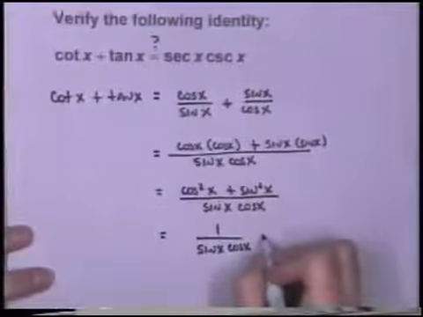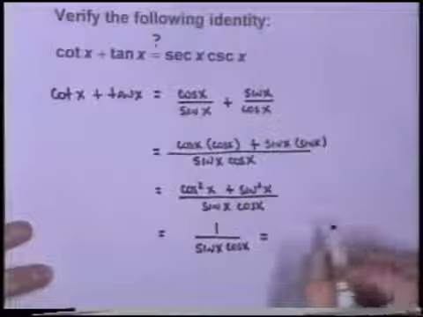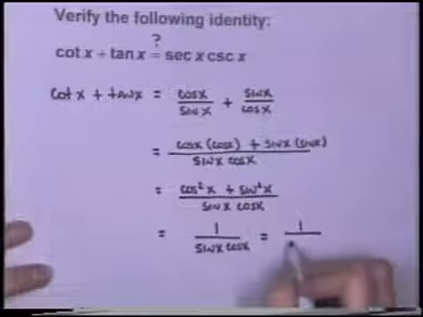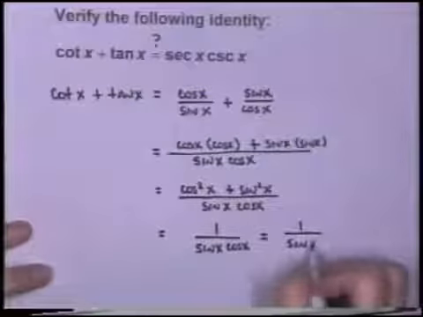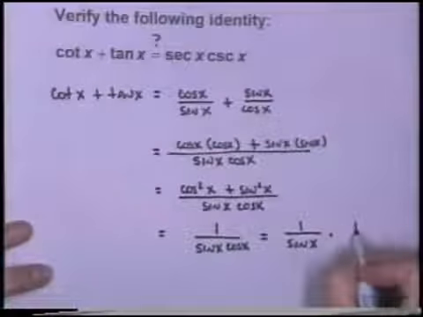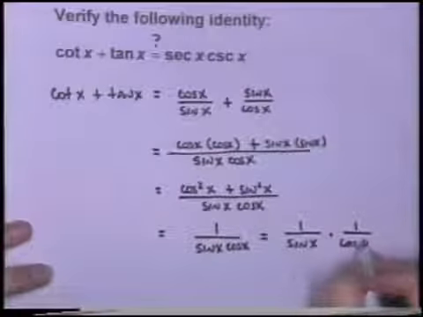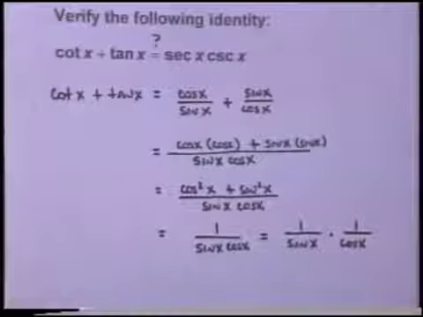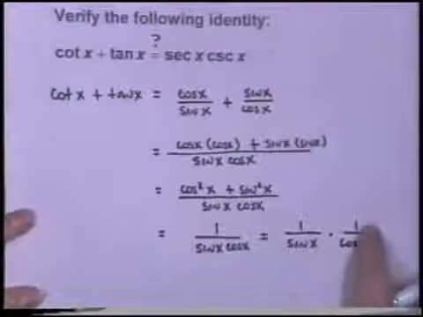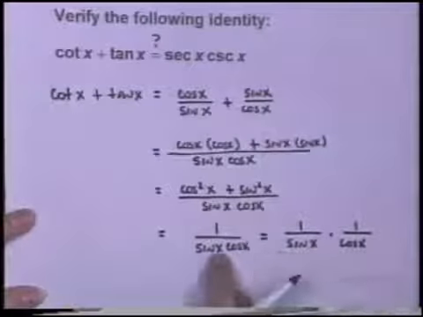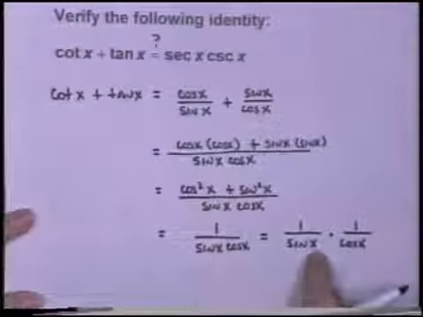Okay? Now, I don't always write this step down, but this first time for emphasis, I want us to understand that this 1 over sine x cosine x could also be written this way, 1 over sine x times 1 over cosine x, because when we multiply fractions, we multiply the numerators and the denominators.